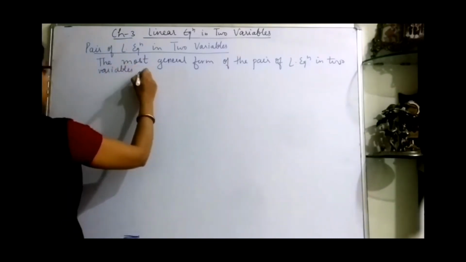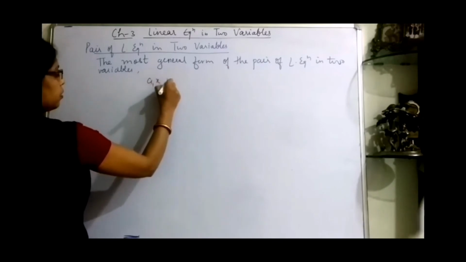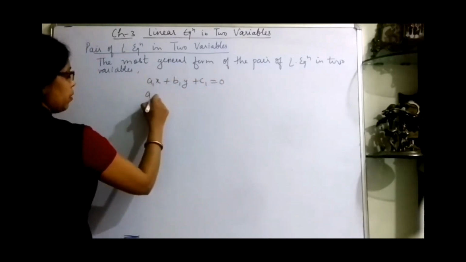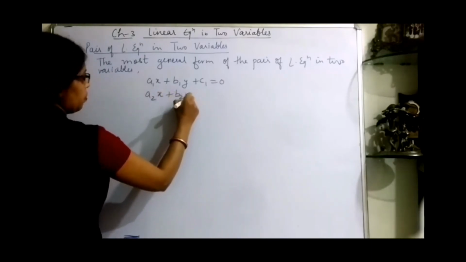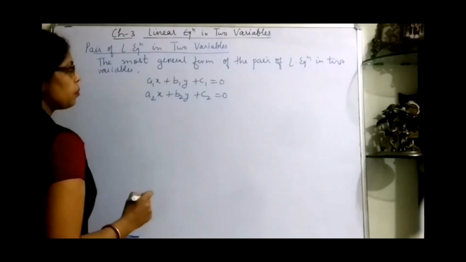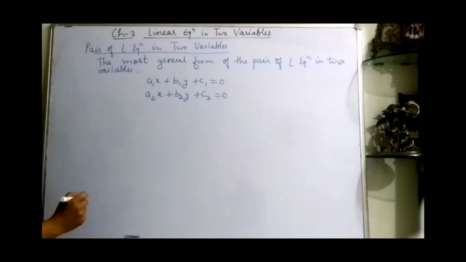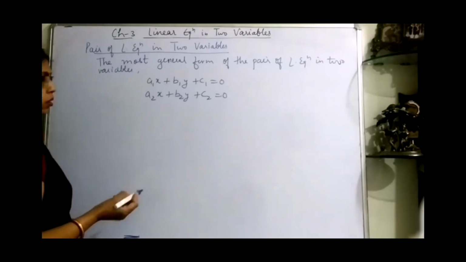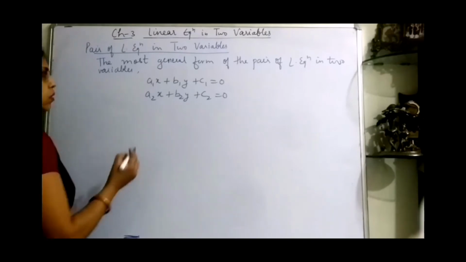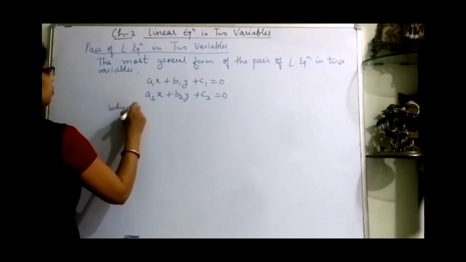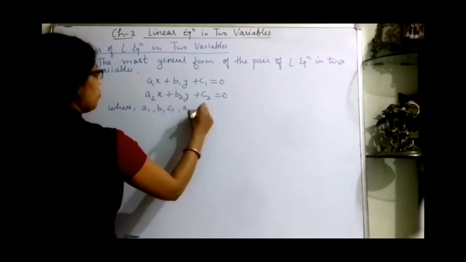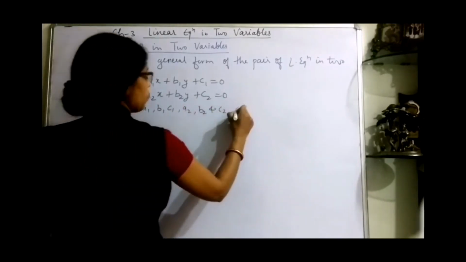In two variables, that is a1x plus b1y plus c1 is equal to 0 and a2x plus b2y plus c2 is equal to 0, where a1, b1, c1, a2, b2, c2 are real numbers, and the condition a1 square plus b1 square is not equal to 0 and a2 square plus b2 square is not equal to 0.